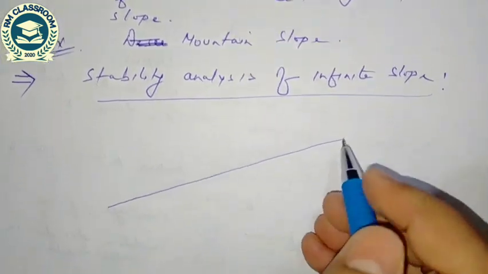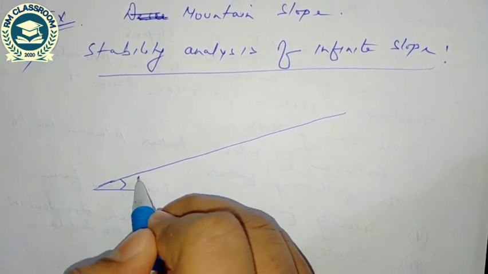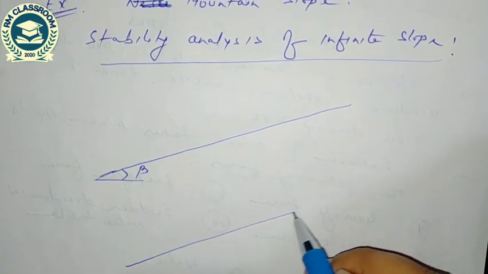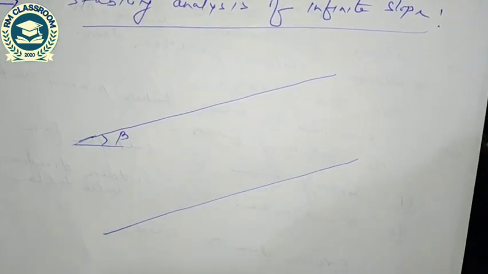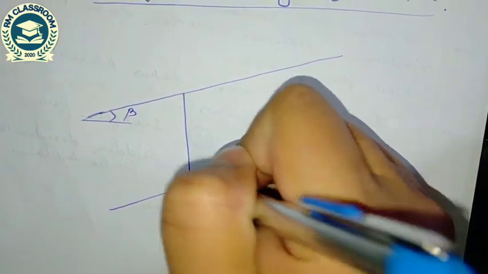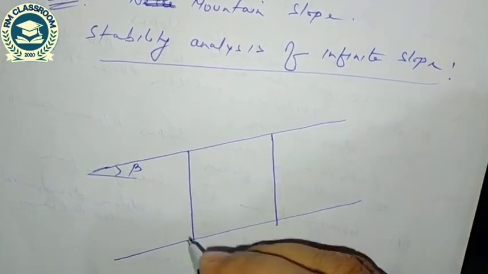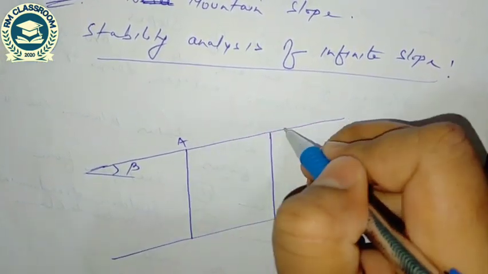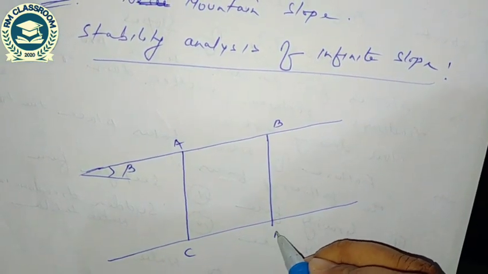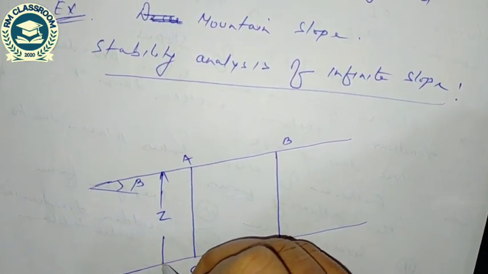This is slope, and it makes an angle of slope angle beta with the horizontal. If I take an element, let us take A, B, C and D, and this depth is Z.